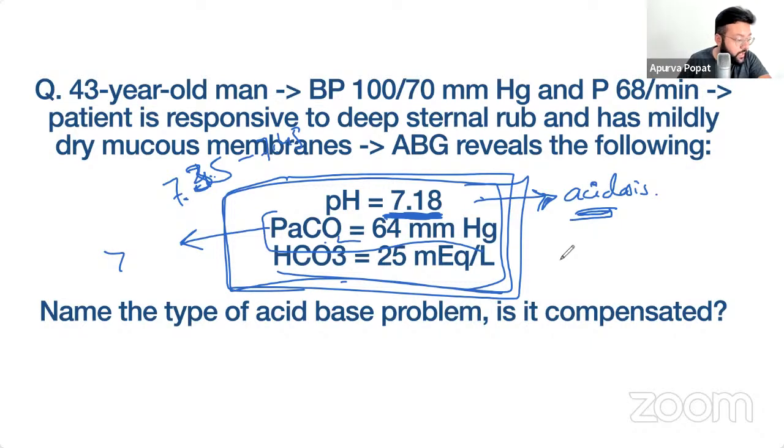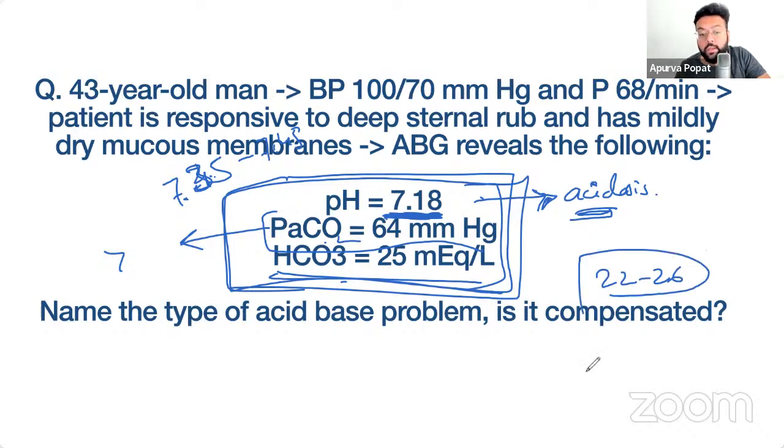I see some of the answers like decompensated metabolic acidosis, respiratory acidosis. So this is a tough topic. Bicarb is normal here. Normal is 22 to 26. So you have not done anything with the bicarb till now.